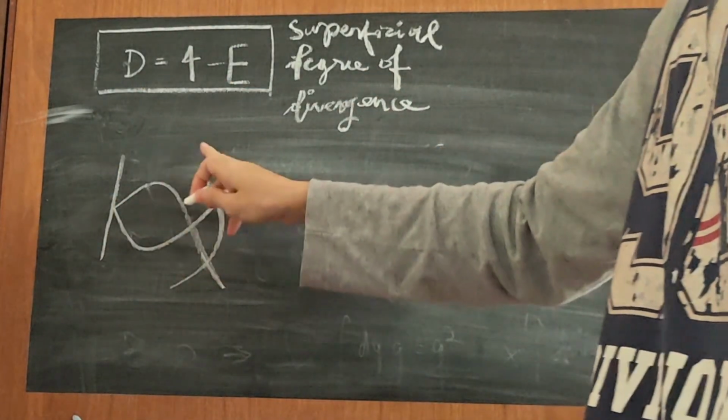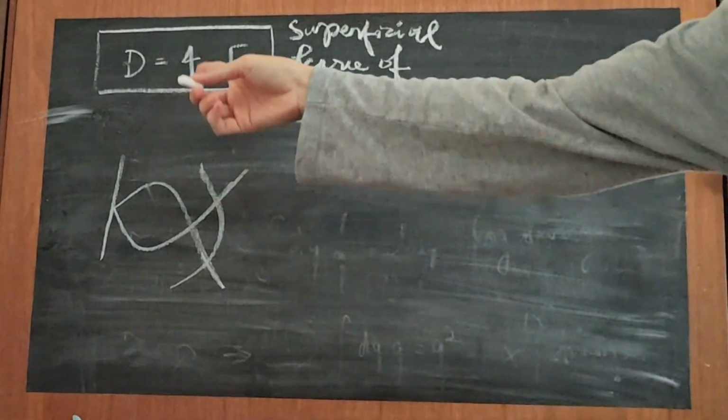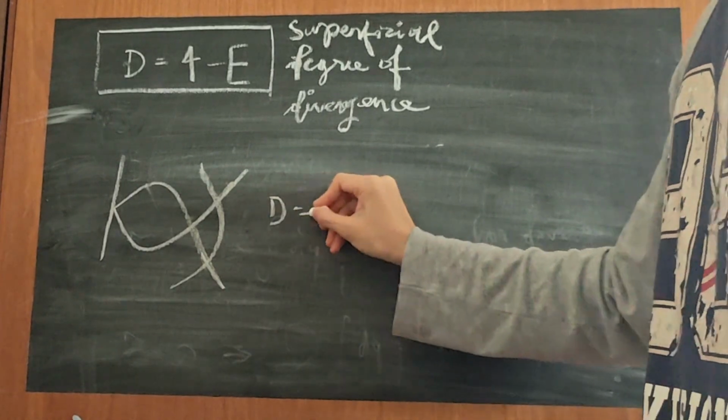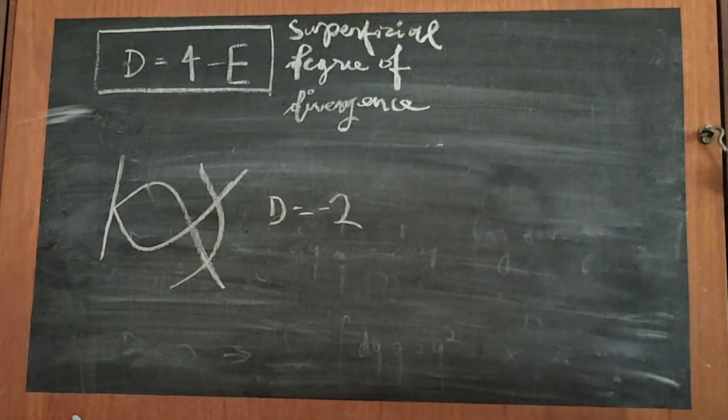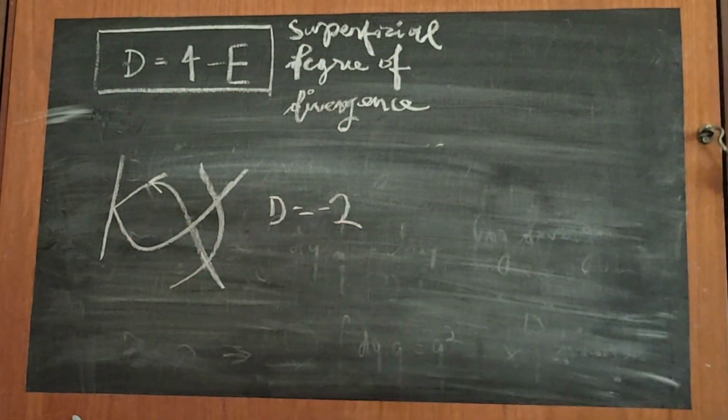So we have one here, one here, one here, one here, one here, one here. Right. And if you do the formula for d minus 4e, so you have 6 external points, you get negative 2. But it's very obvious that this diagram is divergent because of this loop right here.